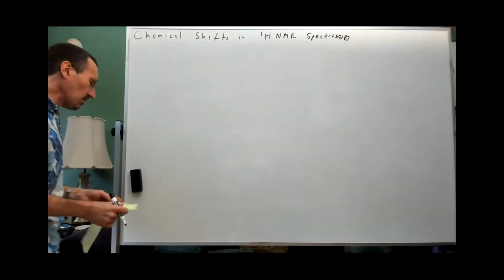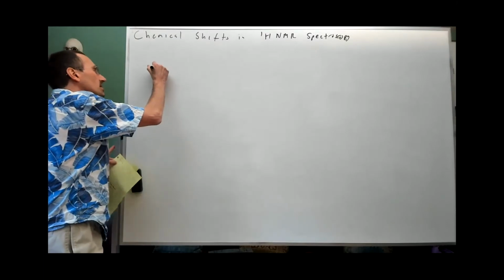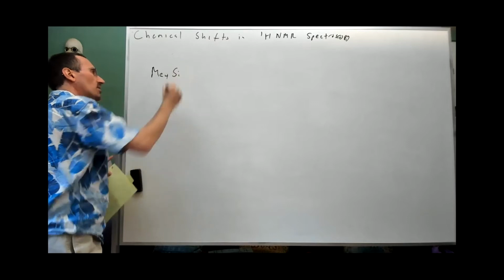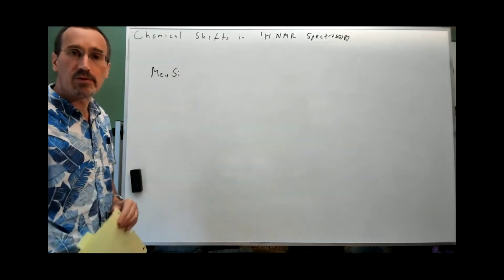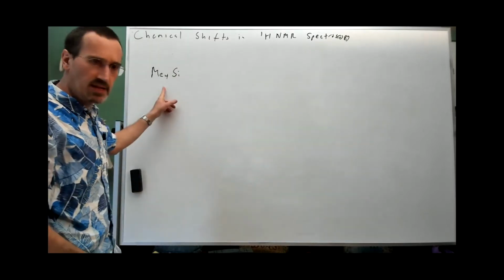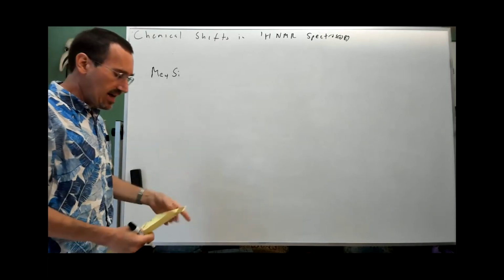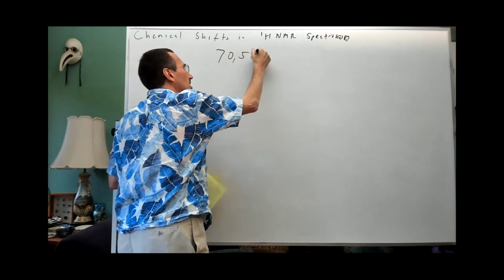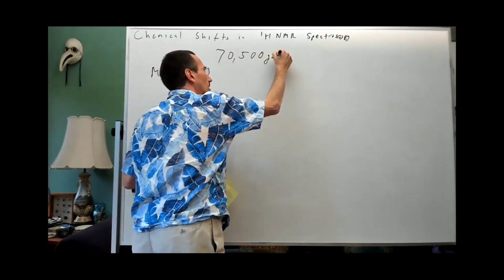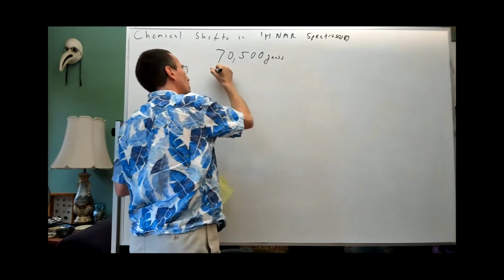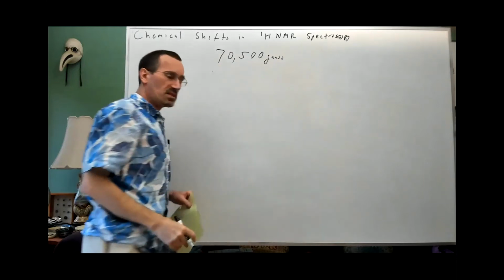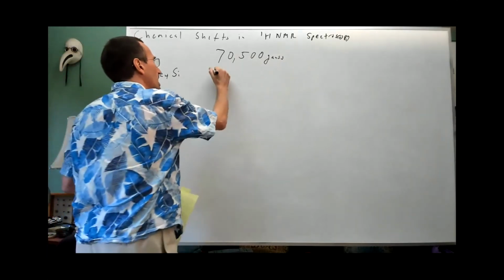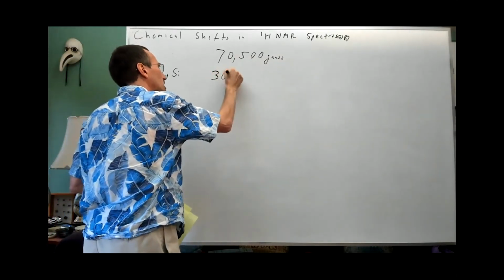So for chemical shift, I just want to introduce the concept and say, let's take tetramethylsilane as an example. Tetramethylsilane is a common NMR standard. And at a 70,500 Gauss magnet, it would resonate. You would flip the spin of the protons, and then you would have precession at 300 megahertz.